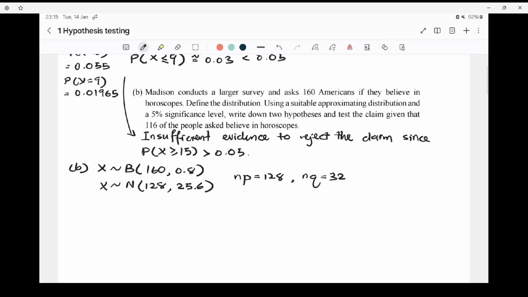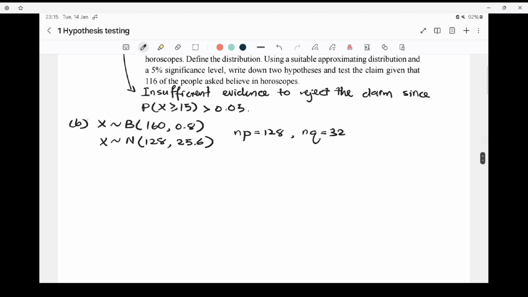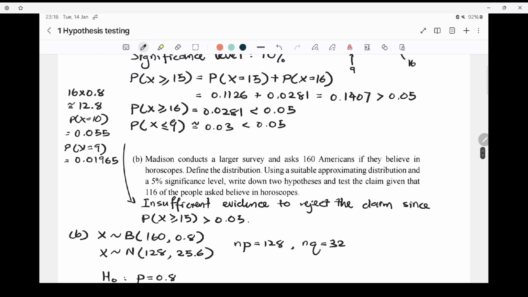So now you are required to do a 5% significance level, write down two hypotheses, and then test the claim. So you have H naught, which is p is 0.8, H1, p is not 0.8, because this is a two-tail test.